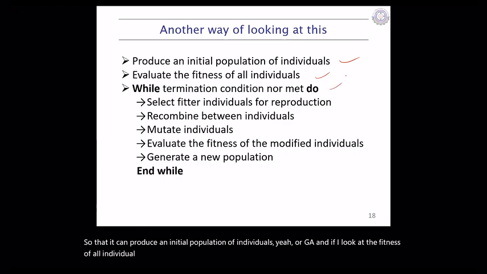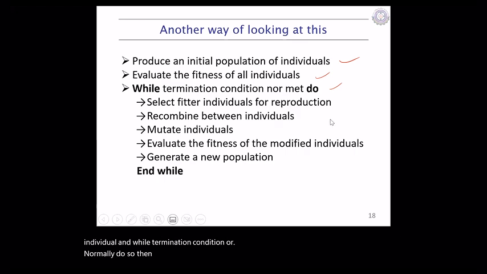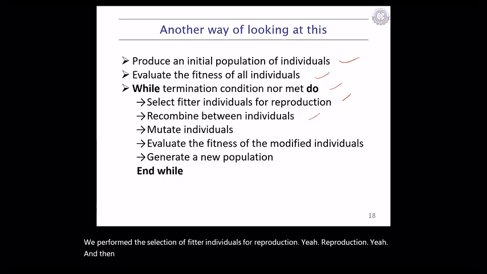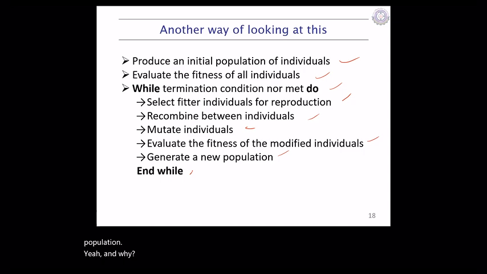While the termination condition is not met, perform selection of fitter individuals for reproduction, then recombine or crossover between individuals, mutate the individuals, evaluate the fitness of the modified individuals, and generate a new population. So this is another way to look at the genetic algorithm.